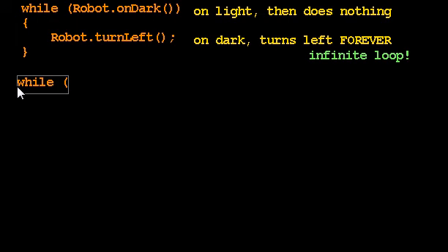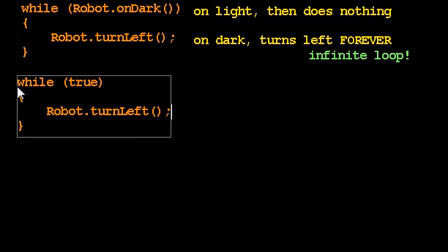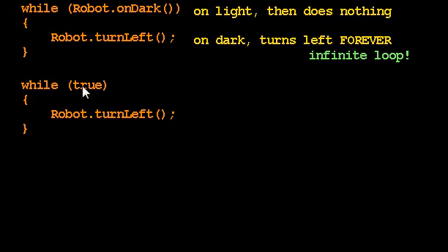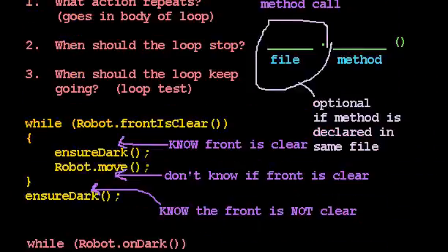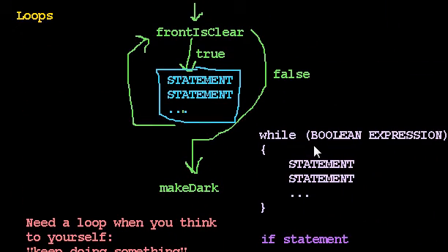So if I did want to loop and turn left forever, here's how I could write that. While true, turn left. Right? Remember, the thing in these parentheses, let's go back and prove that I've already said this. Aha! The thing in the parentheses is a Boolean expression. And each time that Java is considering entering that loop, it evaluates that Boolean expression.